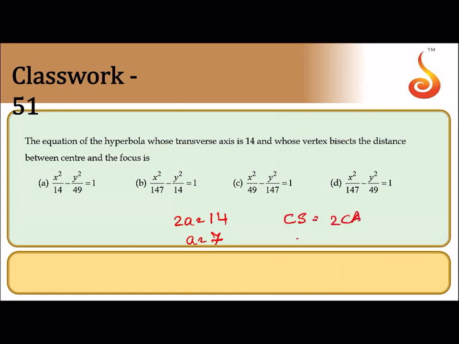So from this we get CS is equal to 2CA, or E is equal to 2. Once we have E equal to 2, we can calculate B square, which gives 147. So we get the hyperbola equation as x square upon 49 minus y square upon 147 is equal to 1.